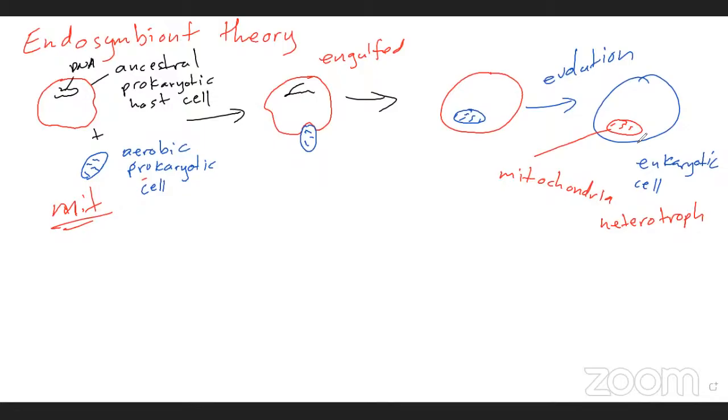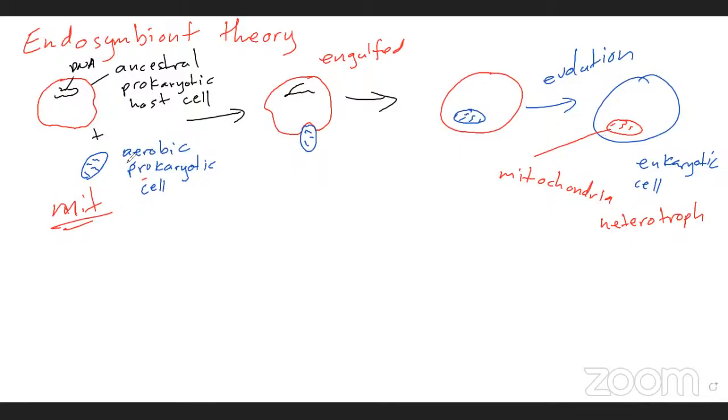All right, so that is what this theory is basically suggesting: how you go from an organism with no organelles to one with organelles. And the two key organelles we use are the mitochondria and the chloroplast, because they have things in common with prokaryotic cells. I'm going to list it shortly after this.